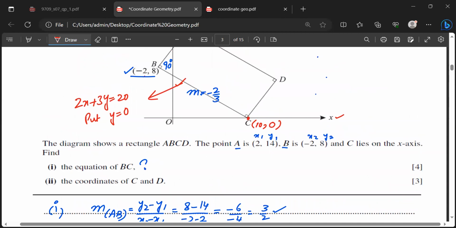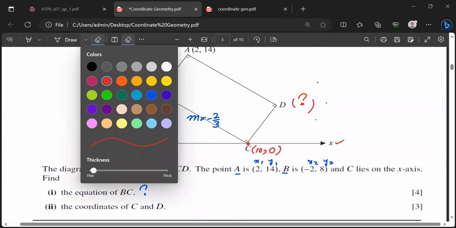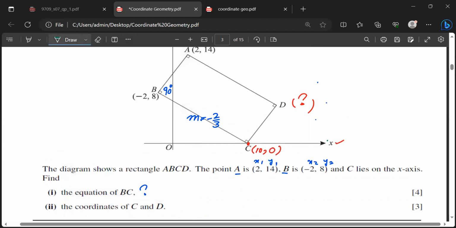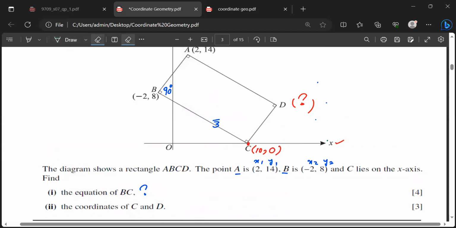Now the last part is how to find D, the coordinates of D. For the coordinates of D, you can use a property of the rectangle.